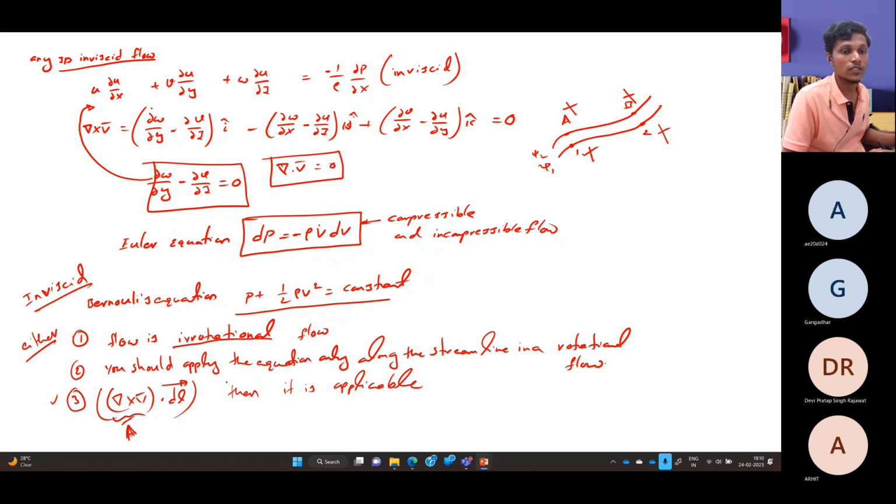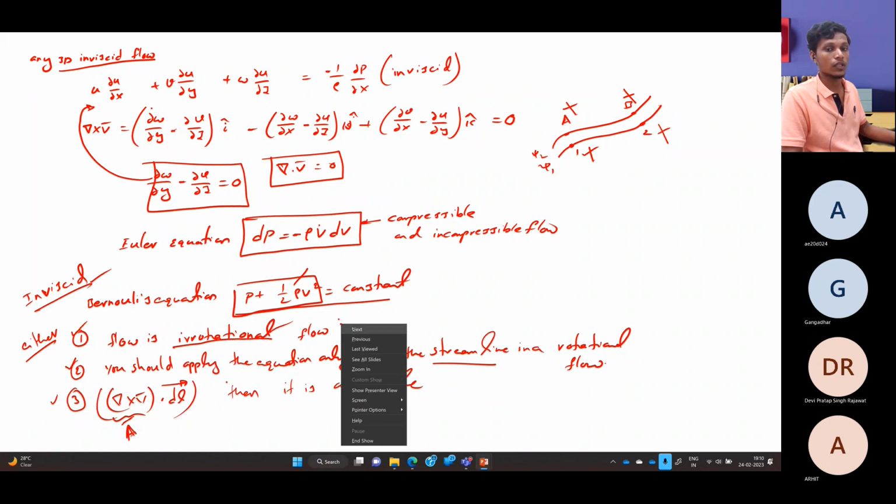Mostly at this basic level you will see the first and second conditions. Remember the flow should be inviscid, irrotational, and along the streamline. One more condition is that the flow should be incompressible. So one should check that all these conditions are satisfied before applying the Bernoulli equation. Then only are you able to apply it.